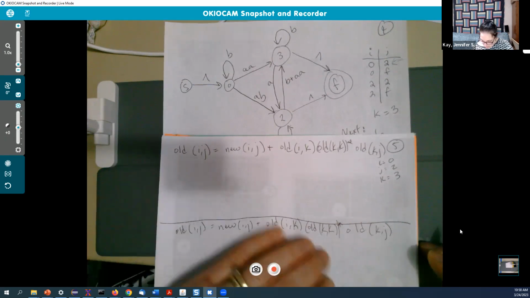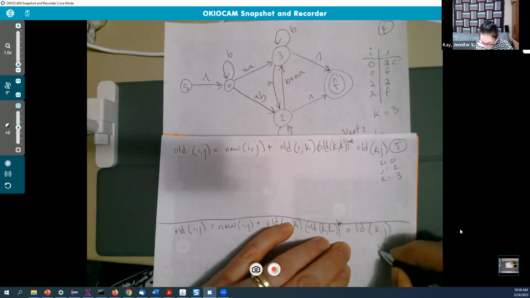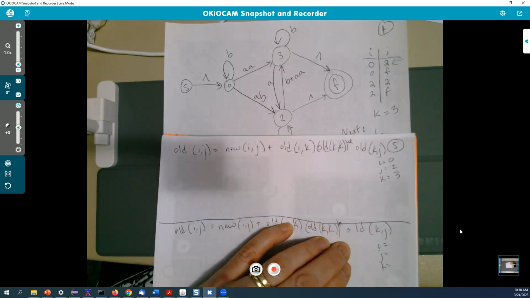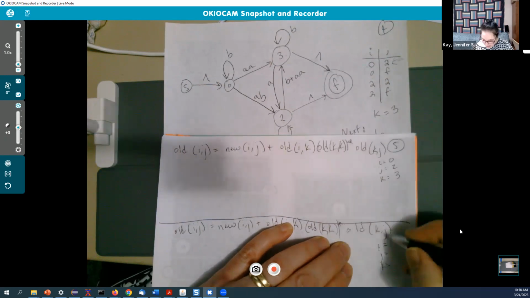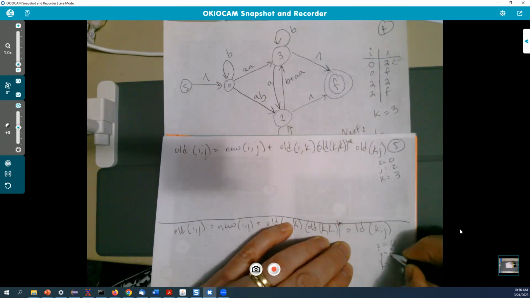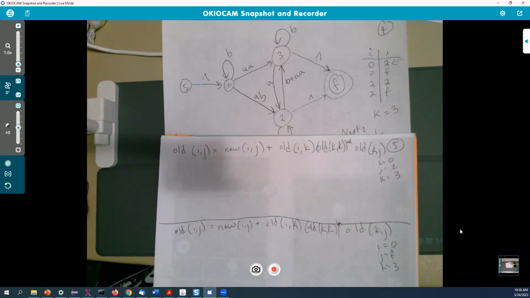But this time, if we were going to do that second example, I is 0, j is F, and k is still 3. Okay, so what I want you to do is screenshot that.